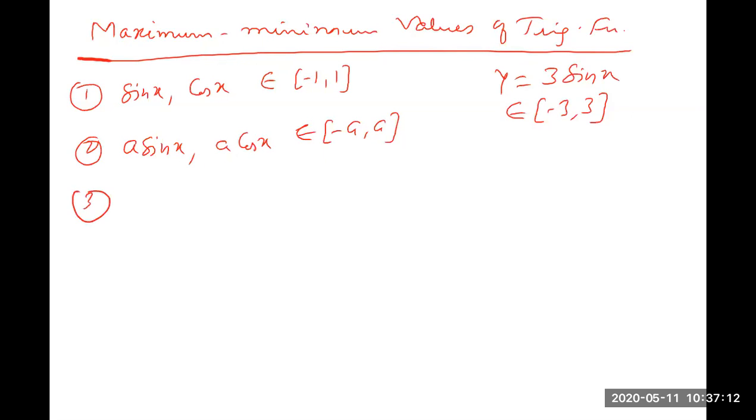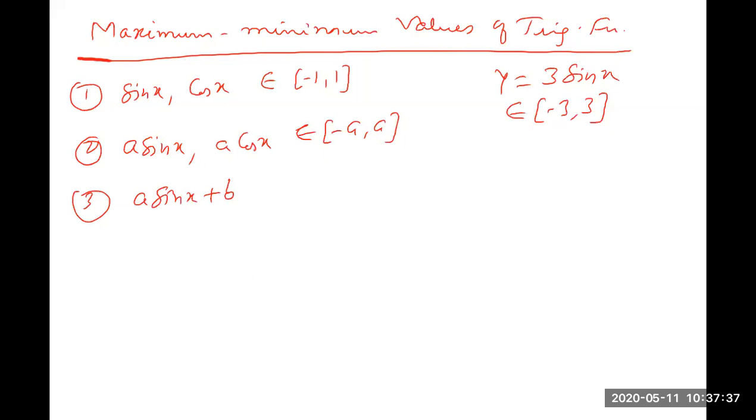Third point is a sin x plus b. Now in this case, b is some constant. So to the minimum and maximum value of a sin x, we will add b.